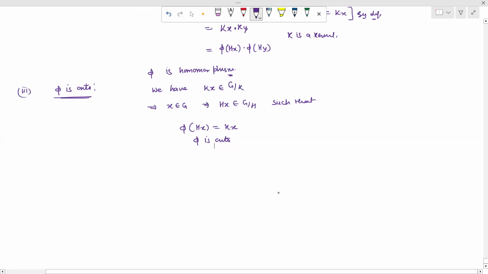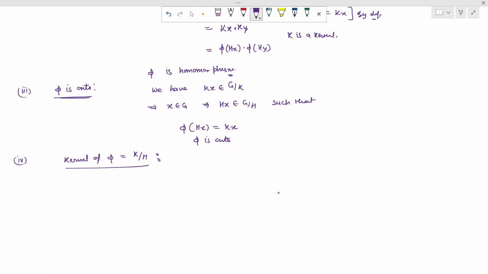So the function is onto. Now fourth, we have to prove that the kernel of phi is equal to K over H. So we can assume that, let hx belong to the kernel of phi.